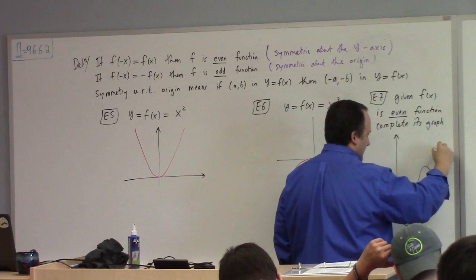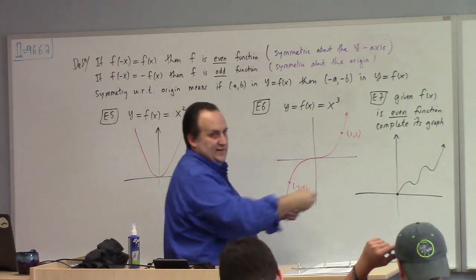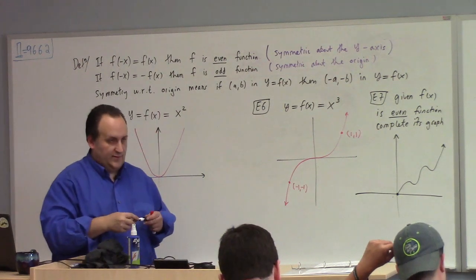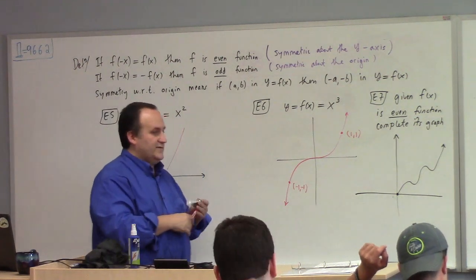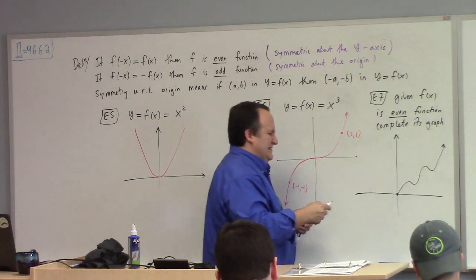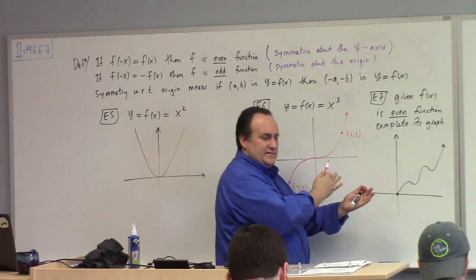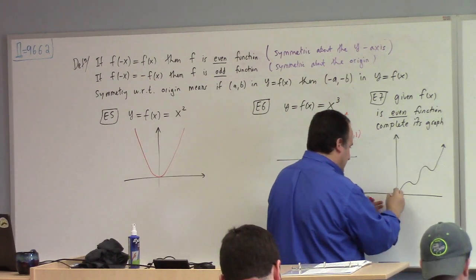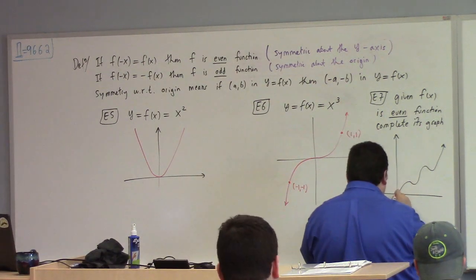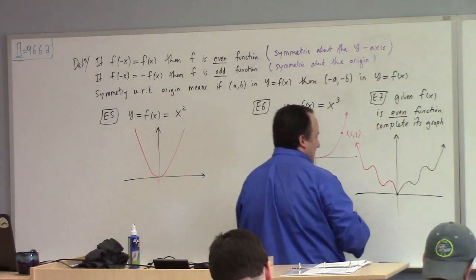All right, so that's what's given, this annoying wiggle waggle curve. Then what does the rest of the graph look like? I just need to mirror the same shape on the other side, all right? So it would have to look like that.